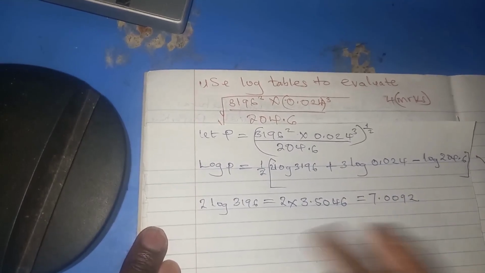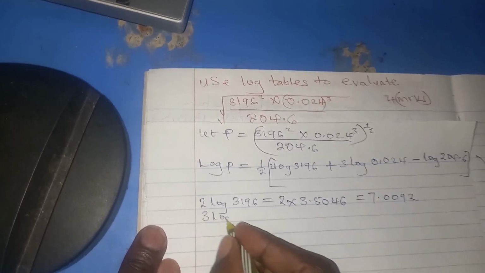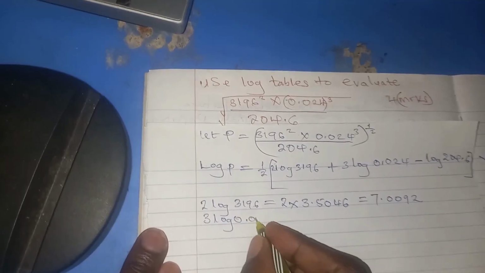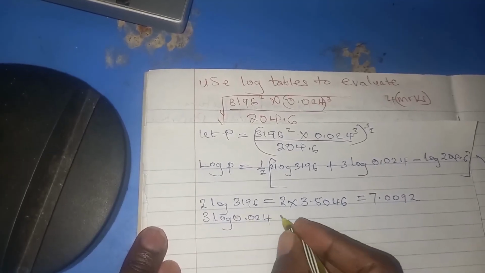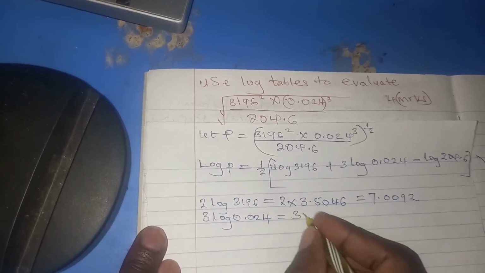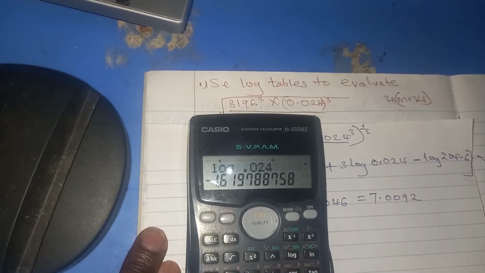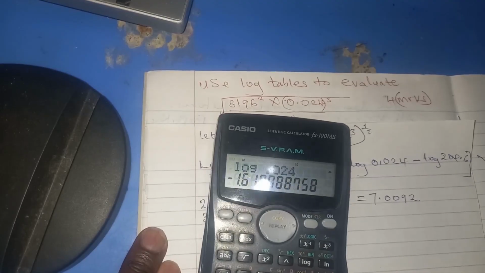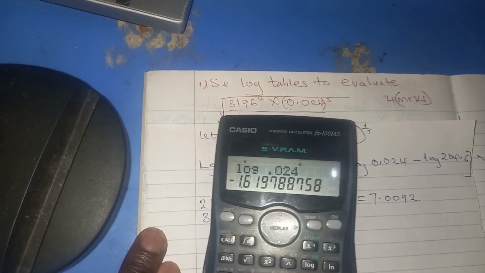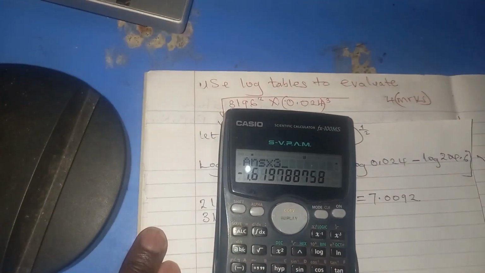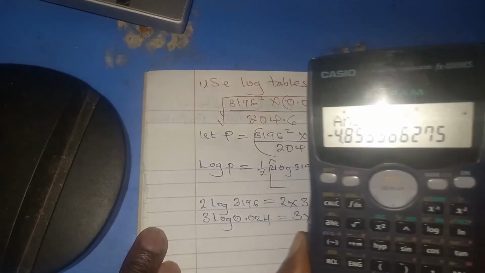Then I proceed with 3 log 0.024, which is 3 times the log of 0.024. This one is negative 1.6198. Then I multiply by 3.